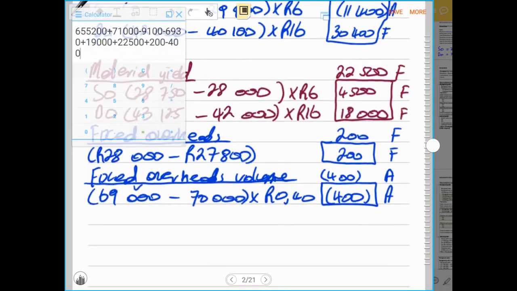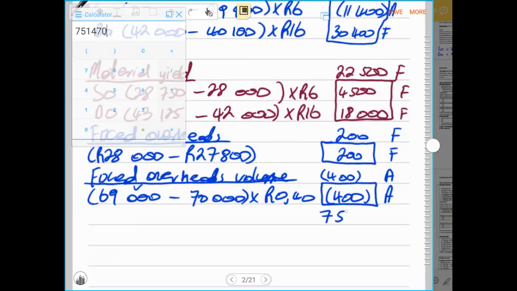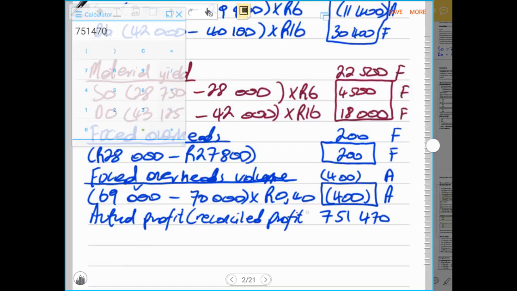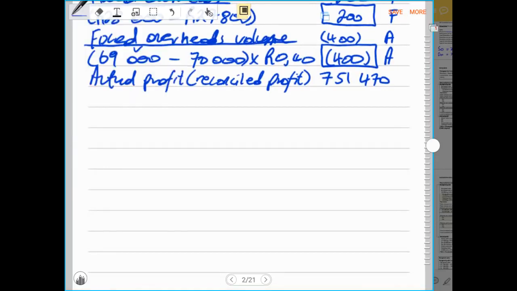Then this should give us the profit as 751,470. This should be the reconciled budgeted profit. So now we have to calculate our actual profit, and our actual profit should give us the same amount.